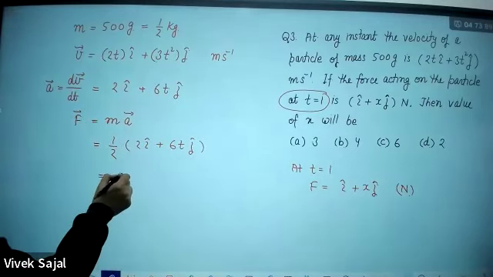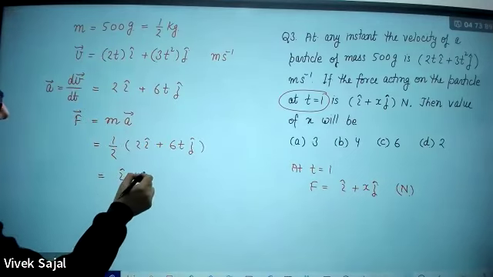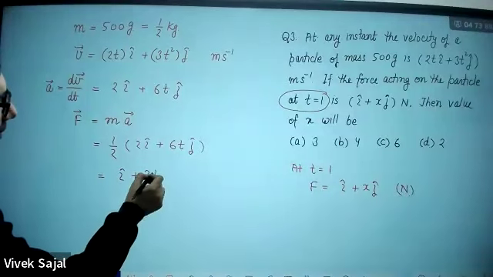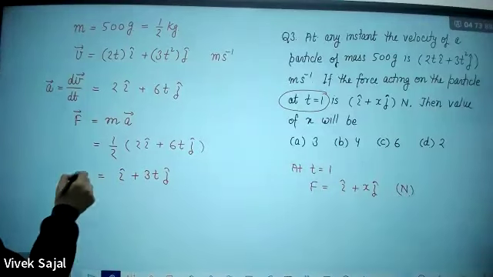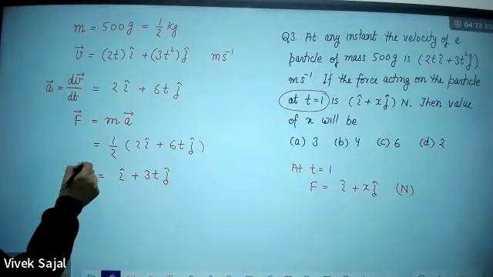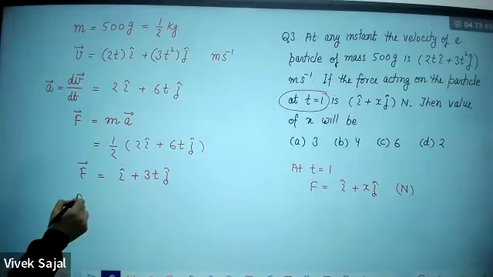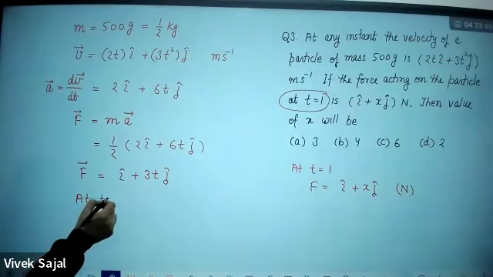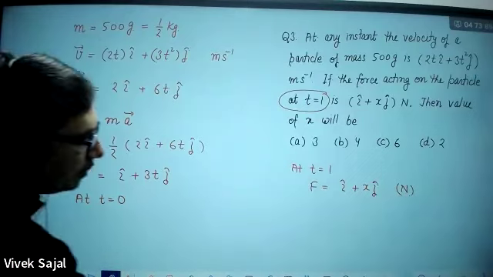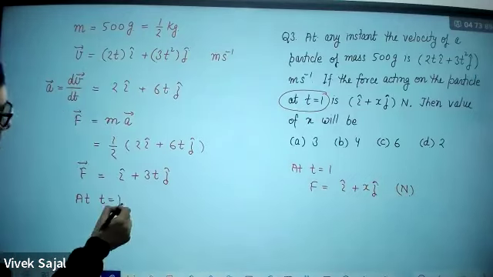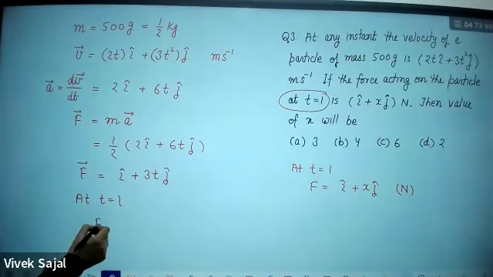So this will be i cap plus 3t j cap. So this will be F. Now at time t equal to 1, substitute t equal to 1, so what will be F?